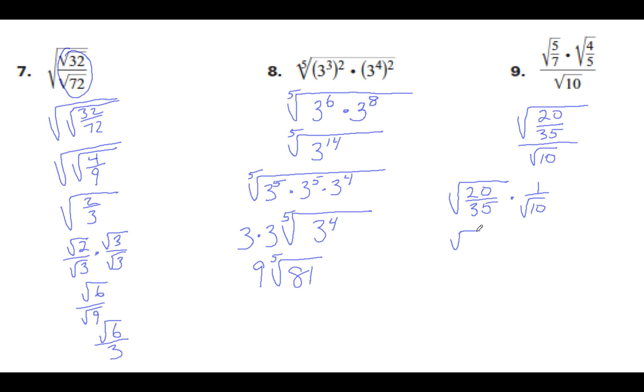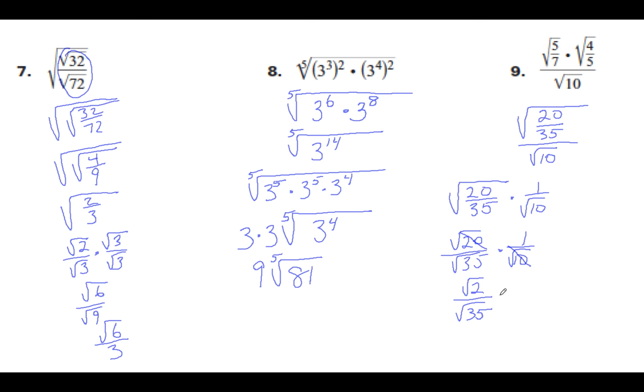I'm going to break this up just so you guys see I'm allowed to do this. Square root of 20 divided by the square root of 10. They cancel. That becomes the square root of 2 over the square root of 35.